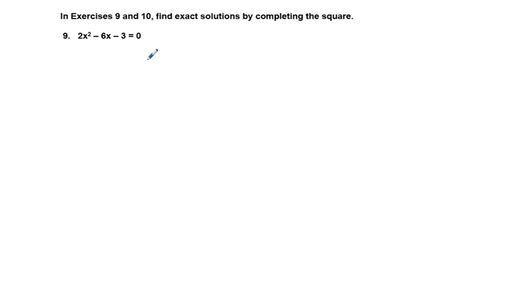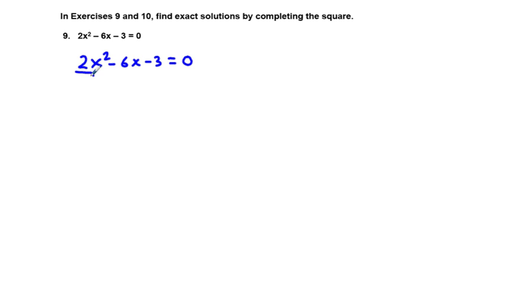Okay, problem 9. Exercises 9 and 10: find exact solutions by completing the square. Looking at this function here, that might take a while. I like getting things in terms of x squared, so if I have 2x squared minus 6x minus 3 equal to 0, I like to just have plain x squared.